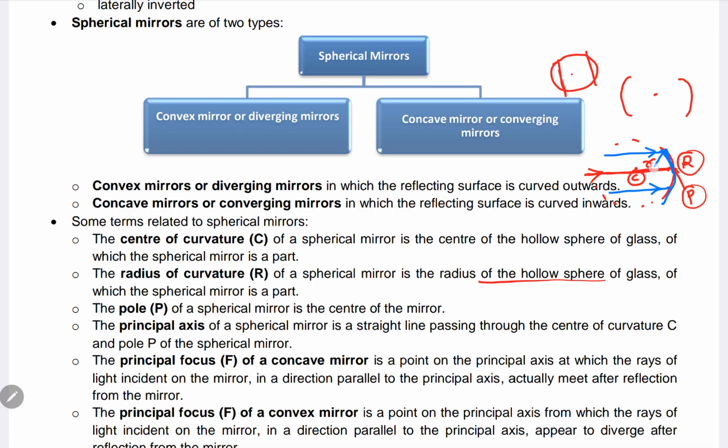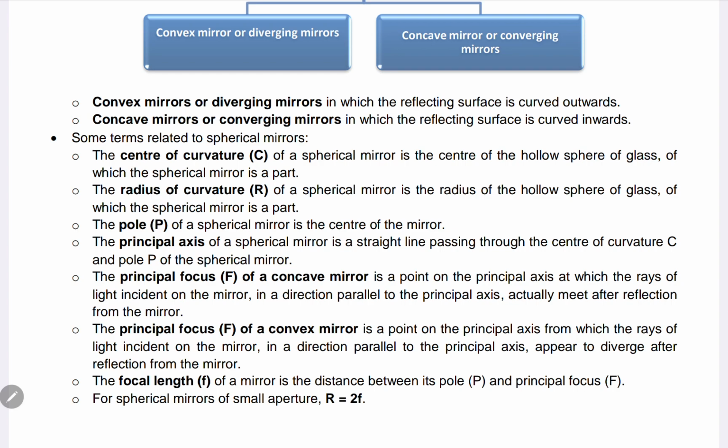Where they are going to meet, that particular point is known as the focus. It is a point on the principal axis at which the rays of light incident on the mirror in a direction parallel to the principal axis actually meet after reflection. That particular point is known as the focus.